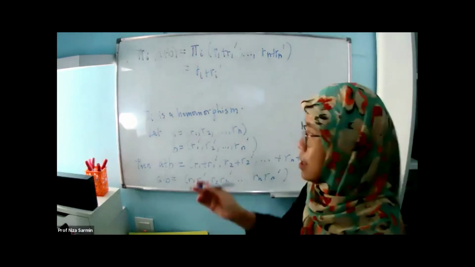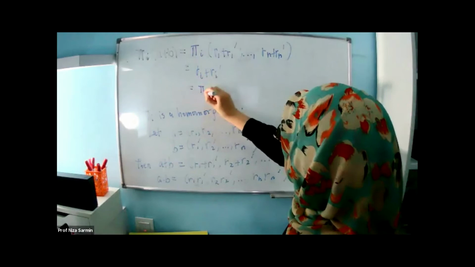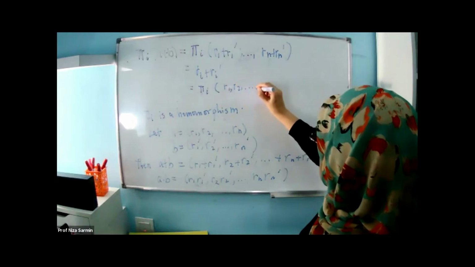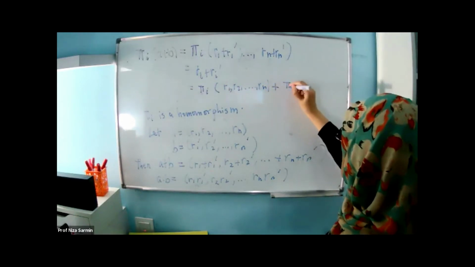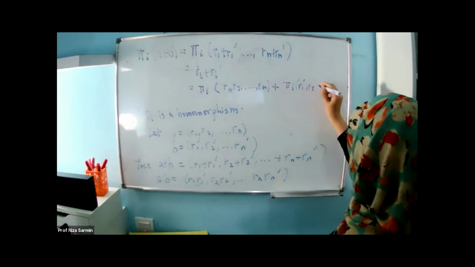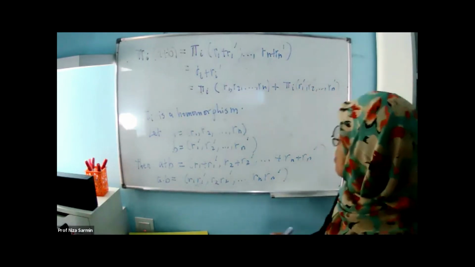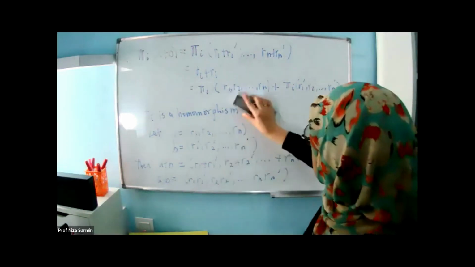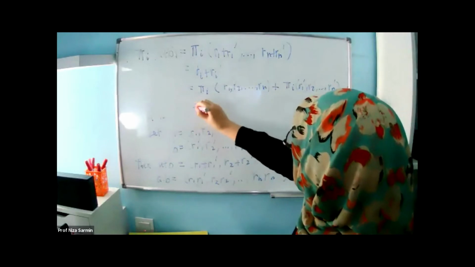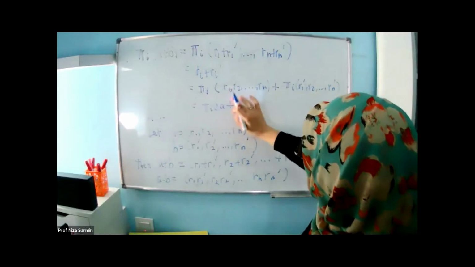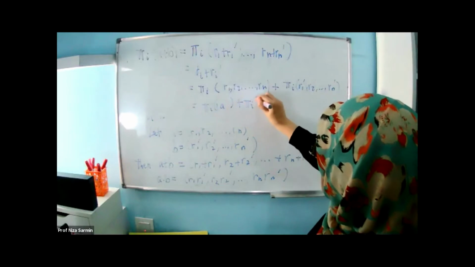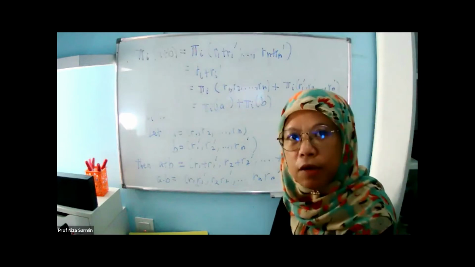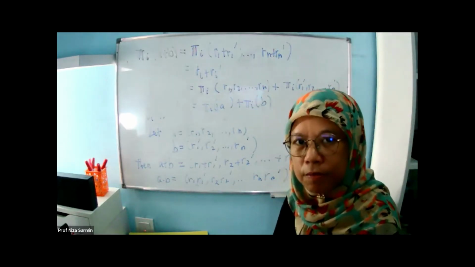Then you can separate, right? This is phi I of A plus phi I of B. All right, and you do the same thing for multiplication.